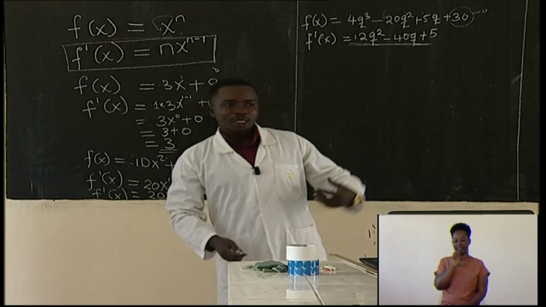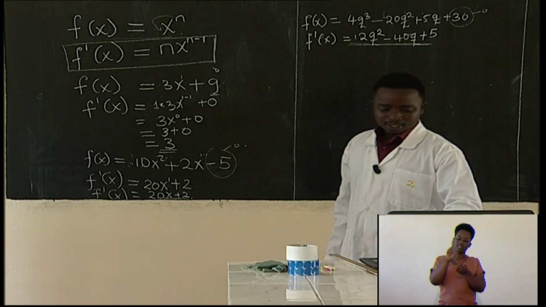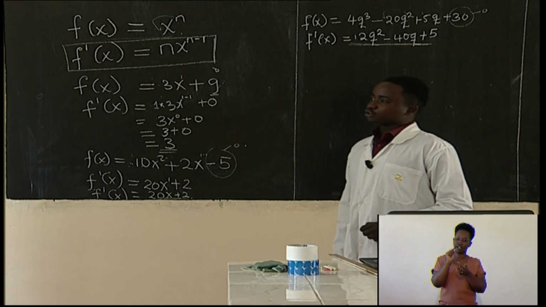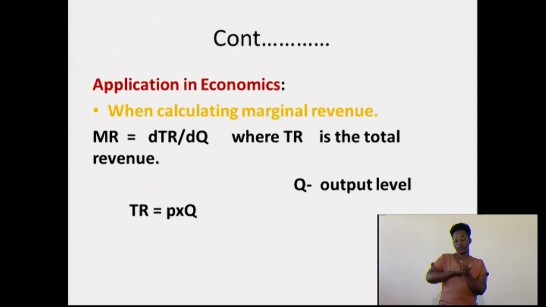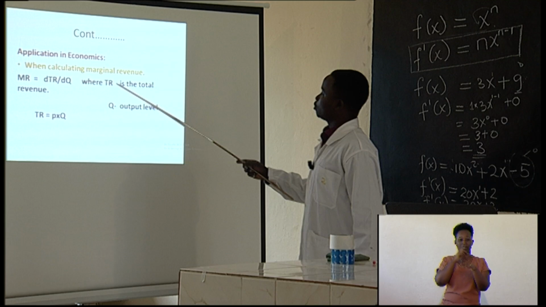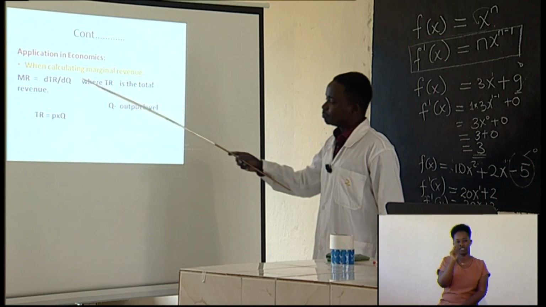Now, how do we apply these derivatives in economics? We have application number 1. These derivatives, or differentiation, we apply when we are calculating what we call marginal revenue. Marginal revenue. This is application number 1.